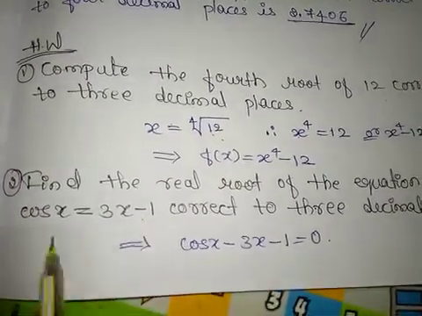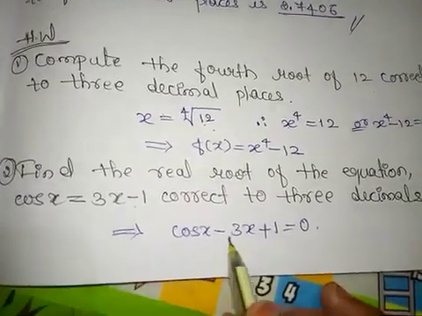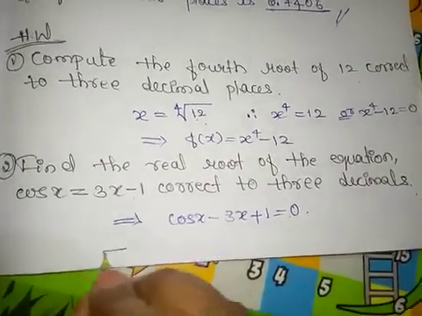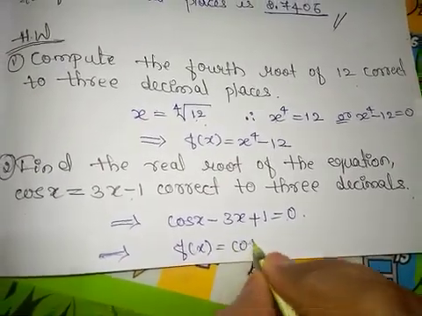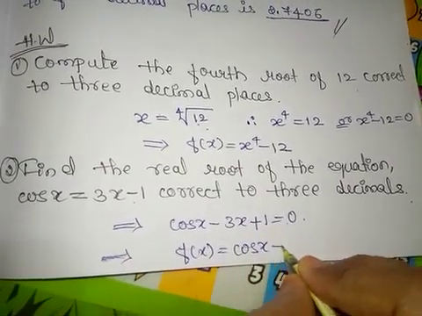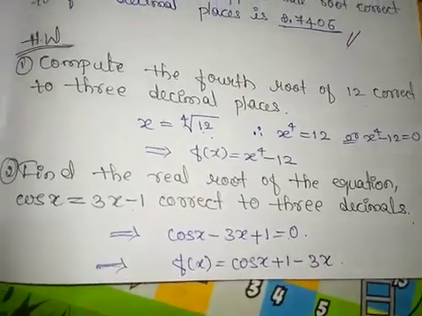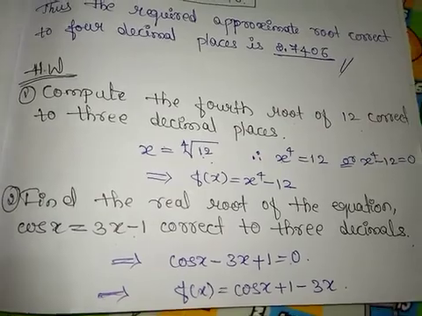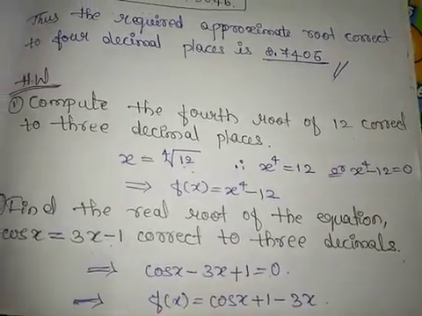Sorry, this is minus, means here it is plus. Therefore, which implies f of x is equal to cos x, I will write positive term first, cos x plus 1 minus 3x. Okay, the remaining steps are same. Solve this too, so that you will perfect this method.